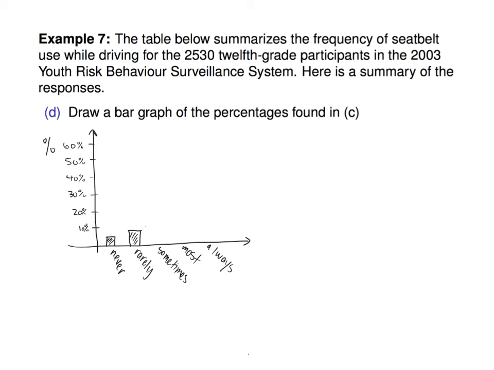Sometimes it's just a hair over 10%, so it'd be just a little bit taller. Most times 18.3%, so almost up to 20%. And always 56.4%, so that's about halfway between 50 and 60.